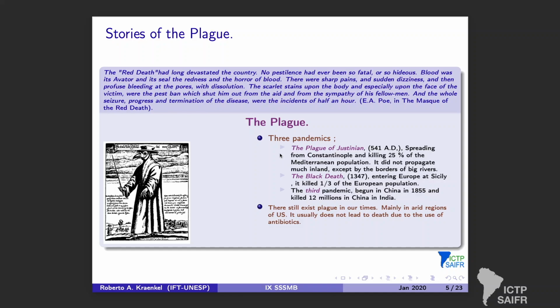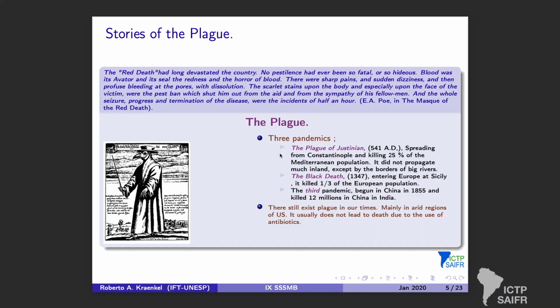There are two big waves. This is one, and the other one is in the 17th century, and then it disappears from Europe for more or less unknown reasons. That probably has to do with changes in the way that people lived in cities.